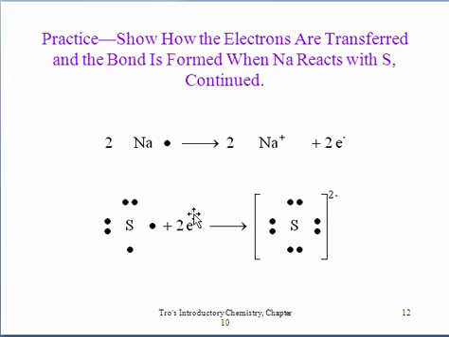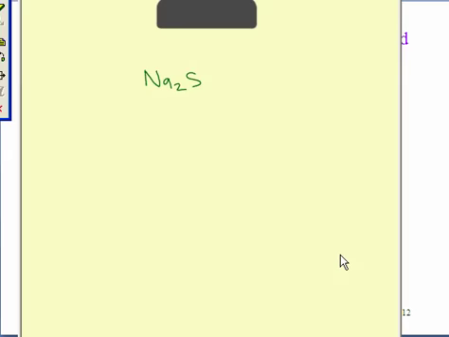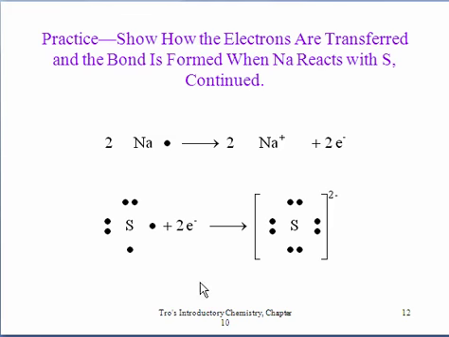And those 2 electrons we can add to a sulfur atom to get our sulfide anion. So when we take a look at electrons transferring, we saw that we needed 2 sodiums for each sulfur, because sulfur needed 2 electrons and each sodium had 1 electron to give.